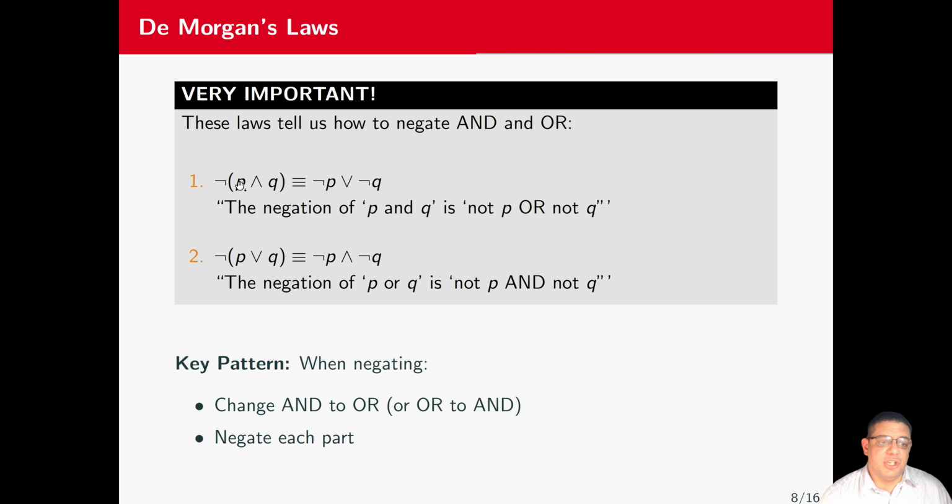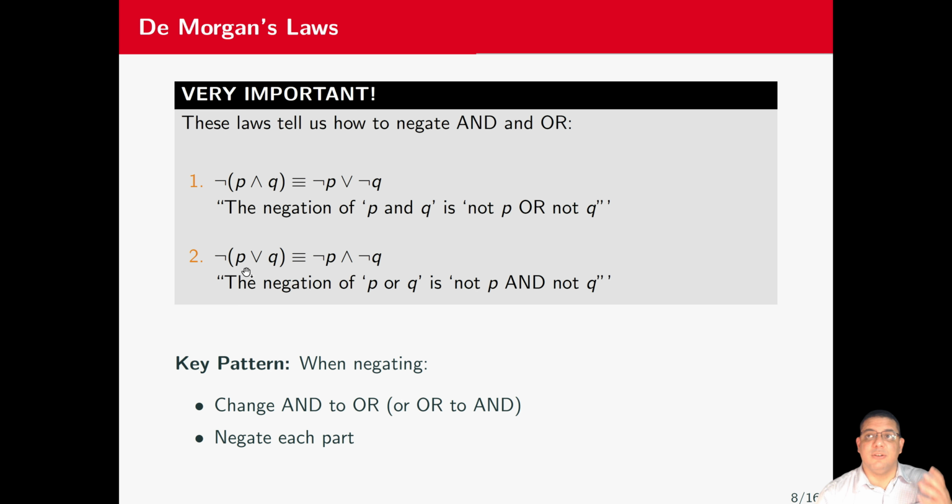So if we have the negation of P and Q, we're going to get negation of P or negation of Q. And if we have the negation of the or, it actually becomes an and. So negation of P or Q becomes negation of P and negation of Q. So to negate an and, we just need one of them to not be okay. Negation of P and Q means that not P or not Q. One of them is just enough.